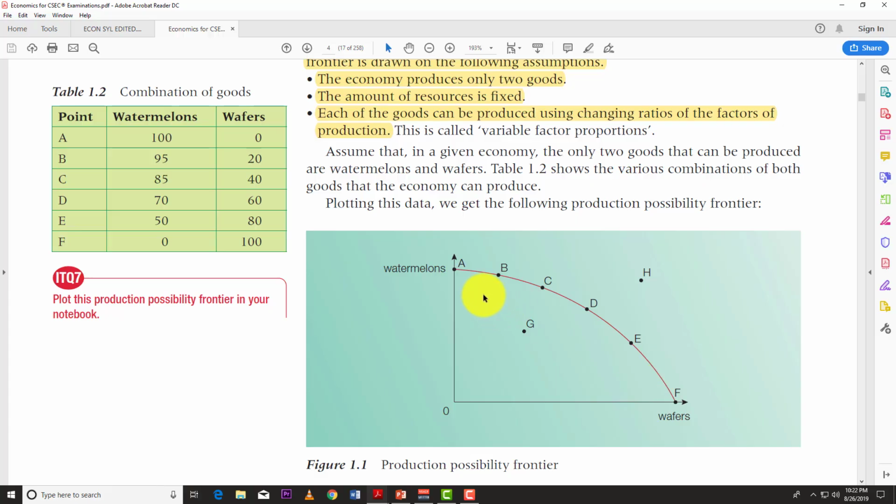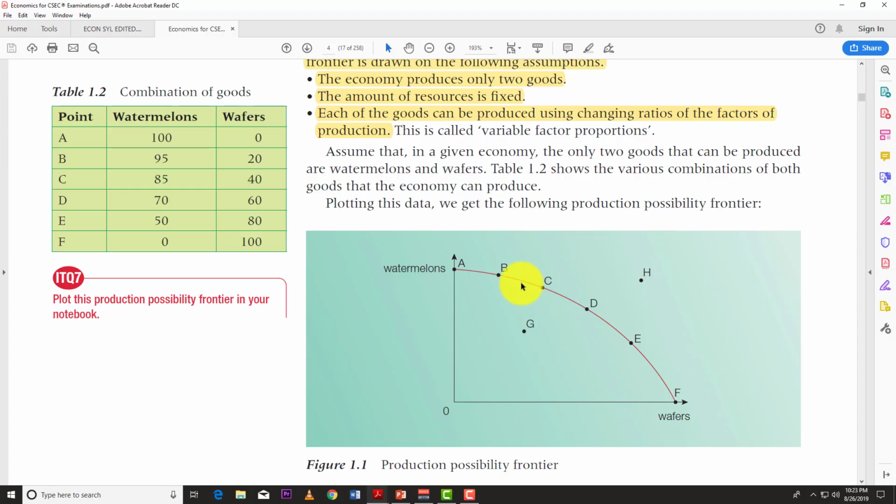What this means is that at any one of these points, the economy is using all of its available resources, nothing is wasted, whether it be 100 wafers or 100 watermelons, or at D where you have a 70-60 split. All the points along the production possibility curve are what you consider efficient points. You have total production efficiency right here.